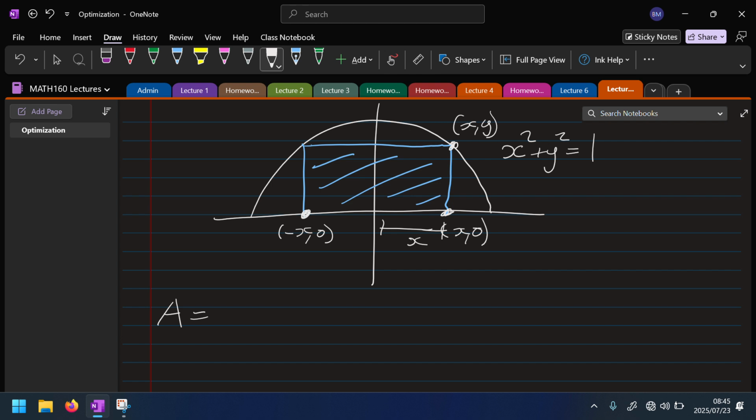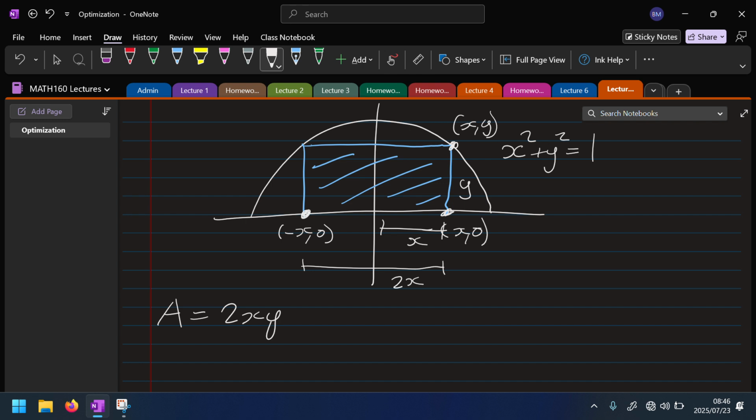So the whole base will then be 2x, because you've got x on the left and x on the right. What about the height of the rectangle? Well, it stops at that top right point, xy, so the height must be y.